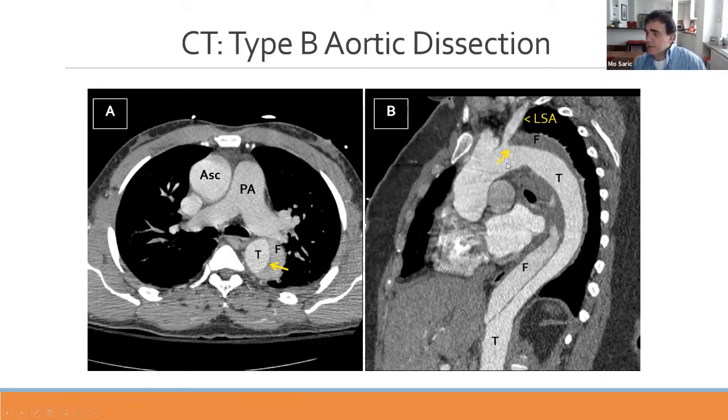The axial cut is very important because it shows that type B aortic dissection characteristically starts just distal to the origin of the left subclavian artery. The arrow points to the origin of the dissection flap, separating false from true lumen in this patient with type B aortic dissection.